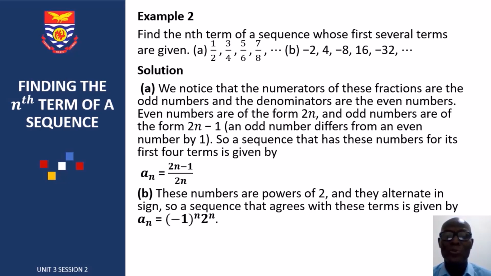So 32 multiplying -1 gives -32 as our fifth term. And the other terms can be obtained in the same way.